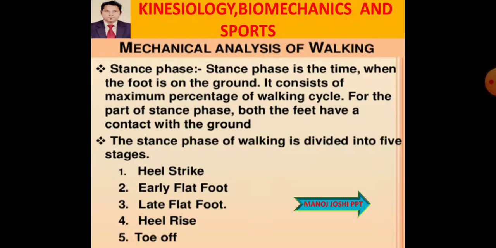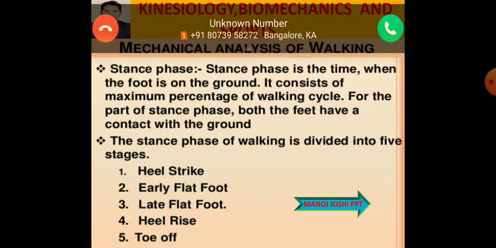Heel strike means the heel is just striking the ground. Early flat foot, the whole foot is just coming onto the ground. Late flat foot means the foot is completely resting on the surface. Heel rise, then we lift the heel, and then toe off.